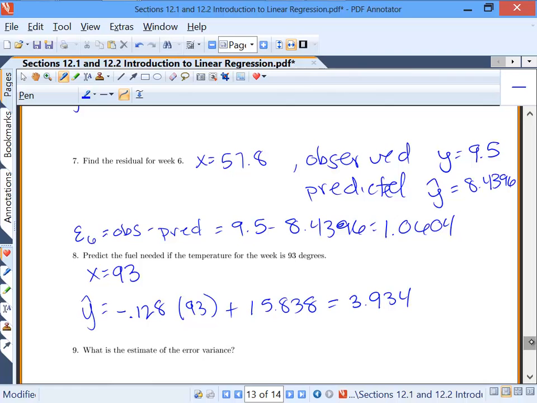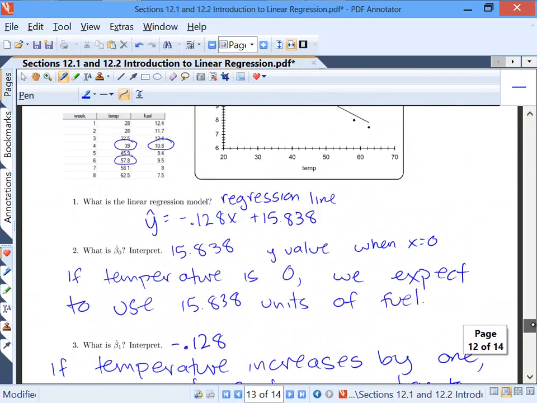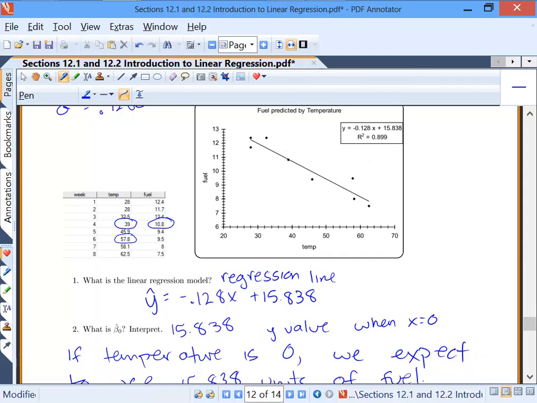However, if I come back up and look at my actual data set, what is my temperature range? Yeah, we're looking about 28 to 62.5. So our 93 degrees is somewhere over here. So can you guarantee that this relationship holds? And at 93 degrees, do you turn on your heater at all? Hopefully not.